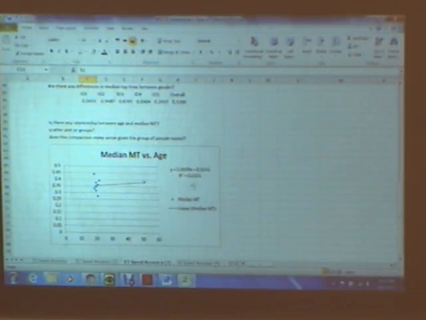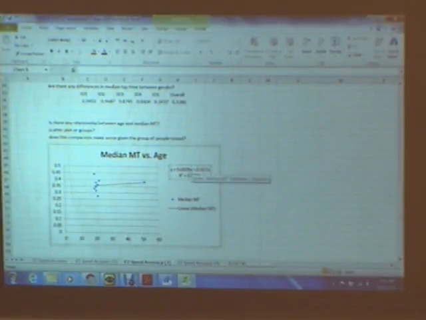And looking at this, we saw earlier that median movement time actually went up with index of difficulty. What does this here say? What would you say that this is important?